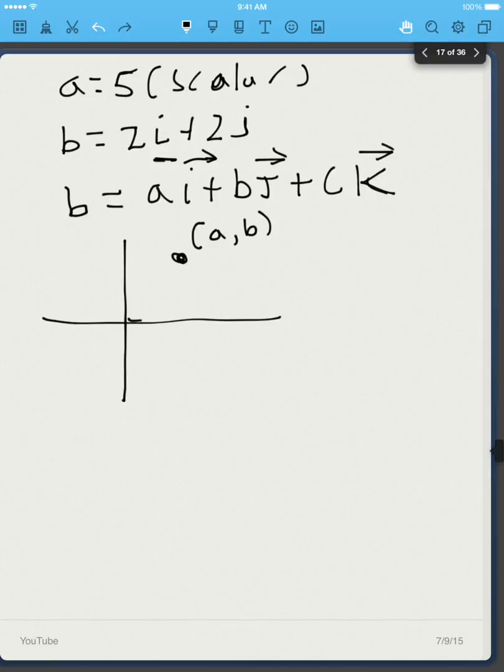There's a unit vector in this direction that we denote as i, and a vector in this direction which we denote as j.